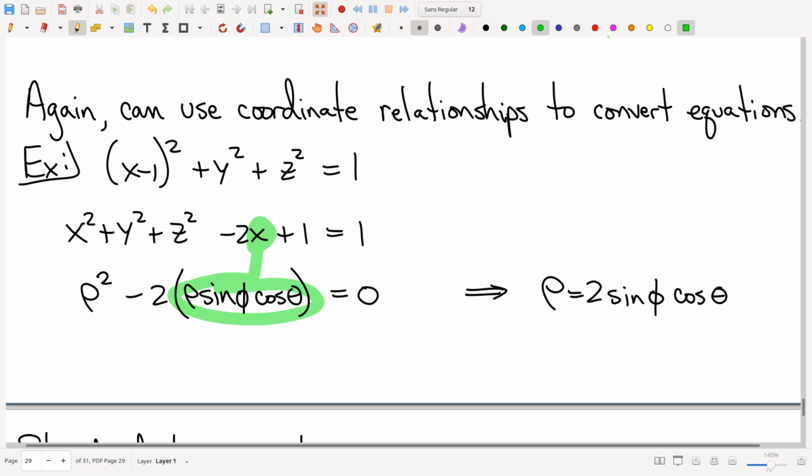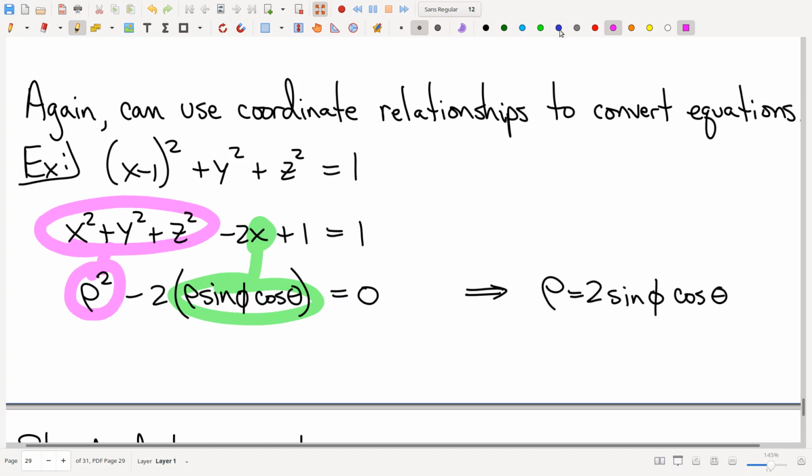But notice, again, it's nice to be on the lookout for convenience, right? I advise always, if there's a convenient trick, take it, right? And the convenient trick here is to notice that x squared plus y squared plus z squared is going to show up, and we already know that's rho squared. So that saves you loads of trouble.